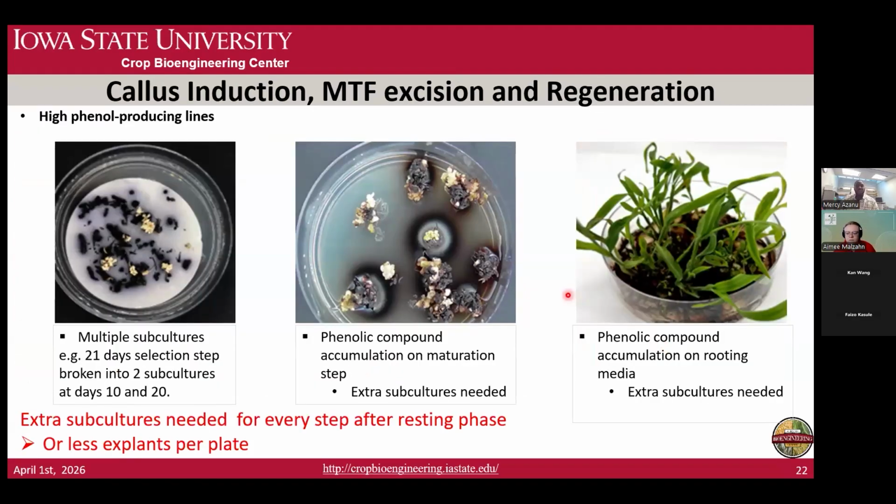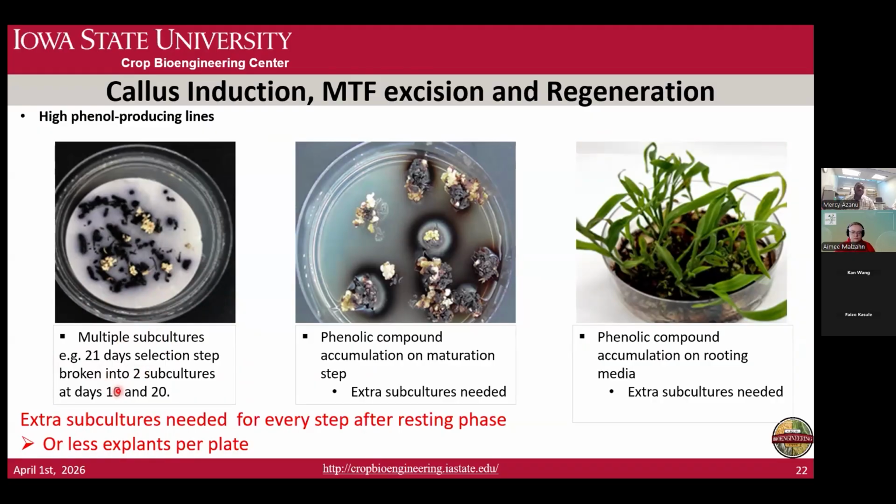Next, for people that have been working with sorghum, you know that different genotypes of sorghum have varying levels of phenols. In our protocol published by Massey, it was demonstrated that even though you have genotypes that produce high phenols, you can have very good regeneration. The way you do this is what we call multiple subculturing.